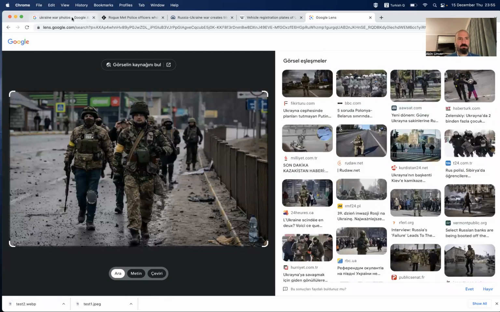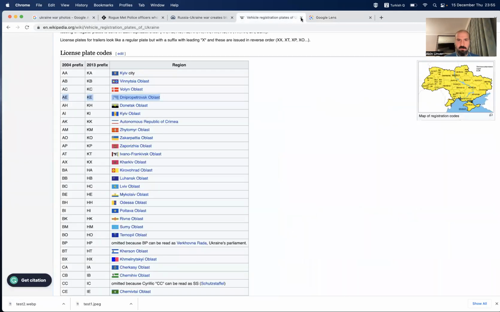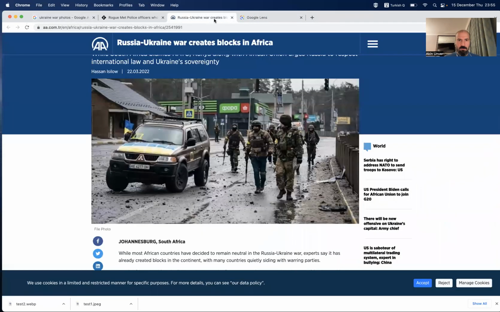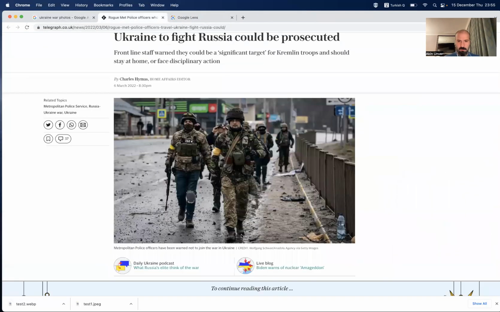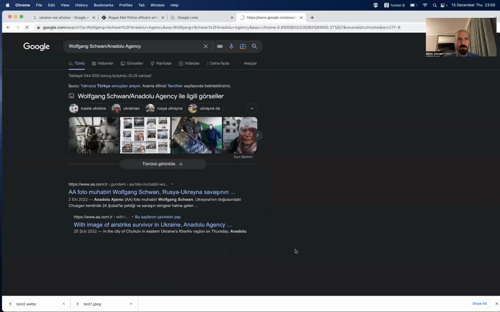I can't really use these. So what I need to do here is to basically do the whole search. So Wolfgang Schwan, Anadolu Agency, and do a search for this.